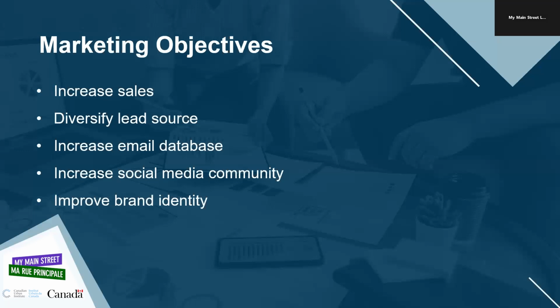I want to increase the number of followers we have on Instagram, or in our Facebook group. What are the strategies? And then you start thinking about different ways you can do that, ways you're going to create content, ways you're going to create video, and all that type of stuff. That could be one of your objectives in your business, and improve your brand identity.